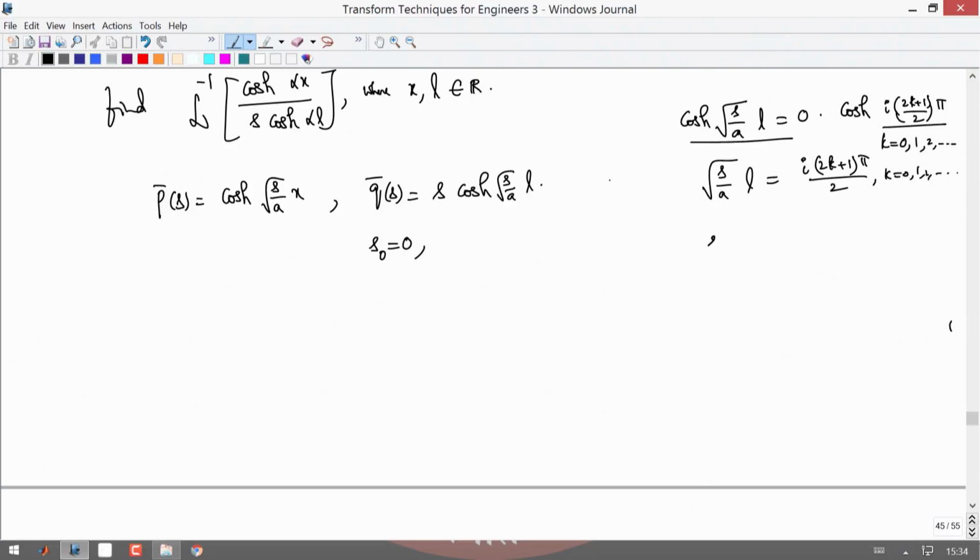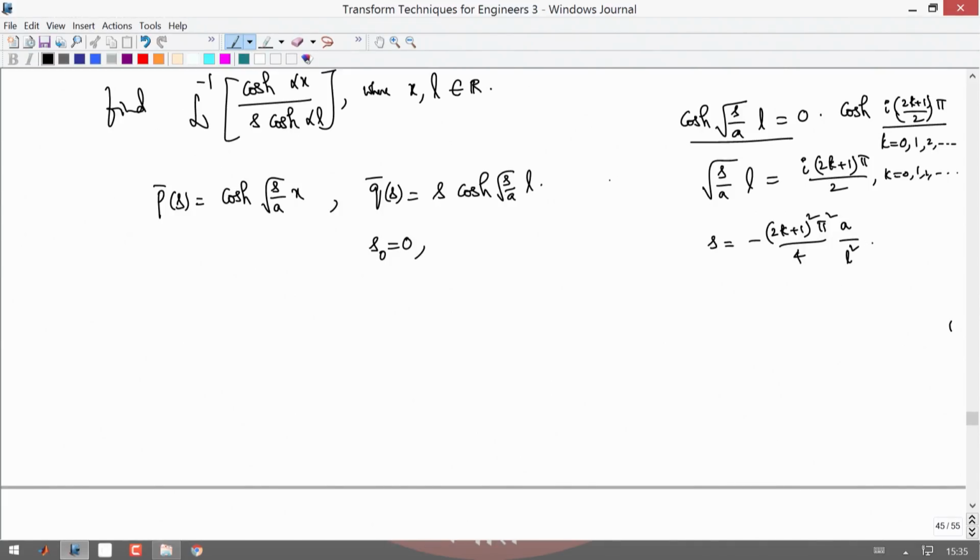So if I square both sides, s equals minus 2k plus 1 whole square pi square by 4, times a, because the root a squared is a, divided by l square.